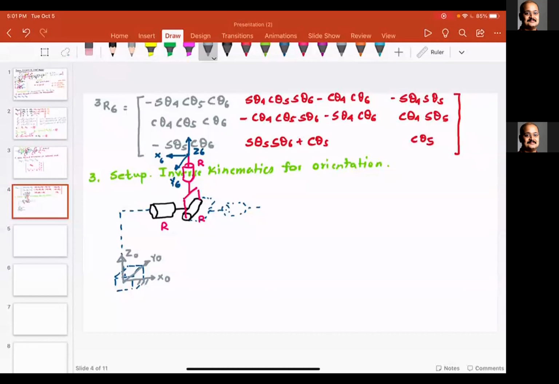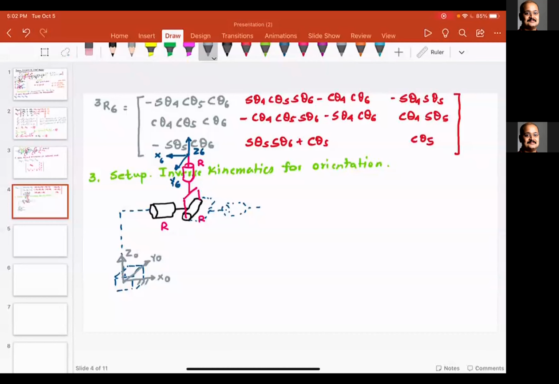The orientation of the end effector is given in terms of maybe either a roll pitch yaw angle, or some sort of quaternion, or maybe some sort of axis angle, or maybe a rotation matrix.